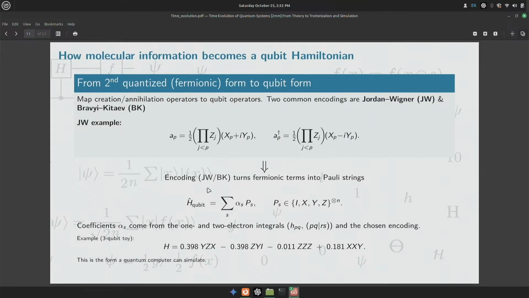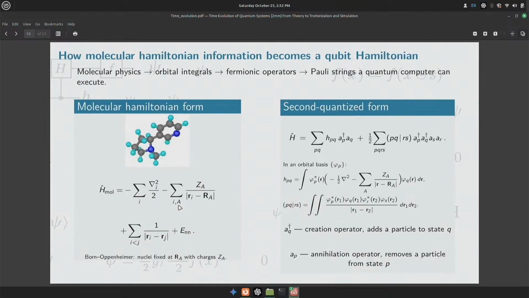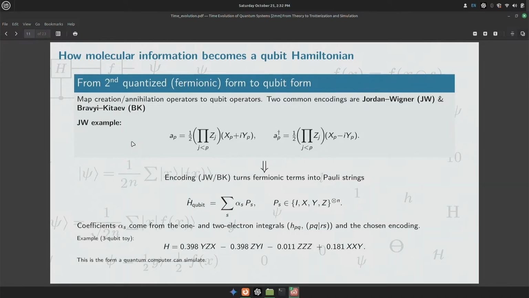So that is a very challenging thing. Once you have the qubit Hamiltonian, that means, let's say I have a H2O molecule. If I do all of these operations, I'll end up having a Hamiltonian that has all the information of that H2O molecule, such that a quantum computer can actually handle.